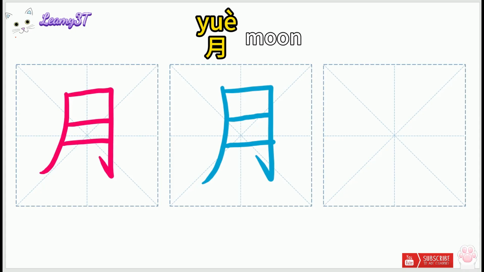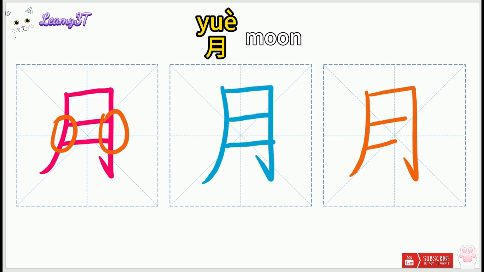Second, the two heng can connect both the left and the right sides, or they can connect only to the left side. Like this. But no matter what, the two heng are like twins.